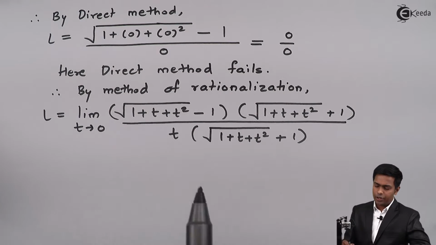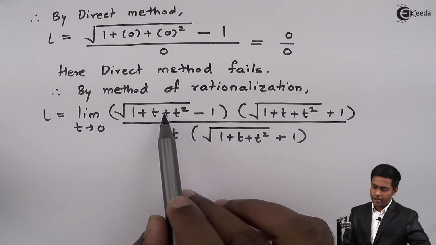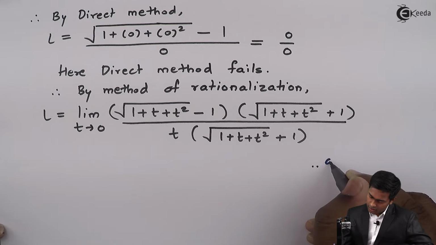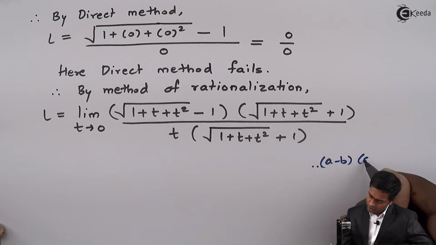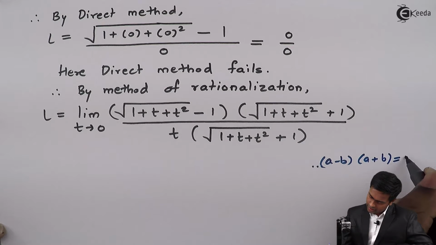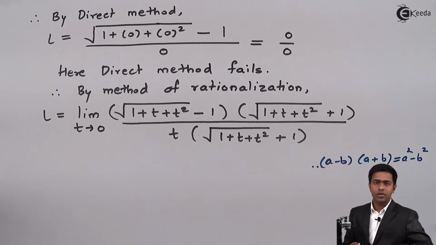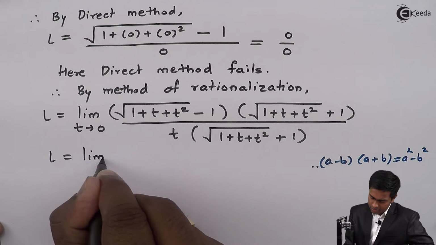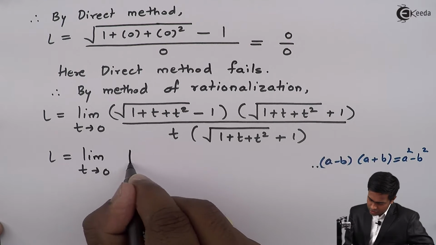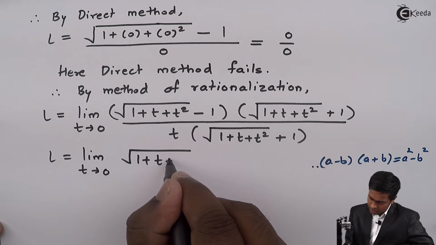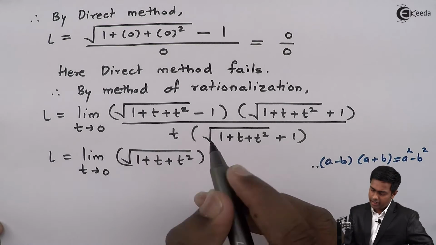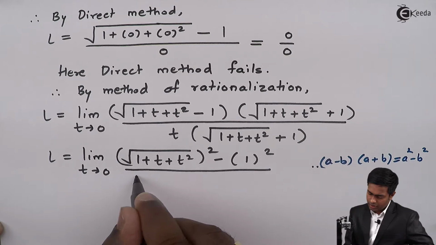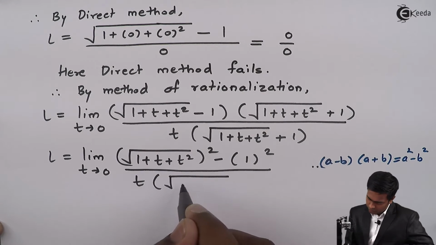Now if you observe the numerator, we have the form a minus b and a plus b, and we all know that a minus b into a plus b is a square minus b square. So I will apply this formula over here. We will get L as limit t tends to 0 of square root of 1 plus t plus t square, that is my a, the whole square, minus 1 the whole square, that is b square, upon t into square root of 1 plus t plus t square plus 1.